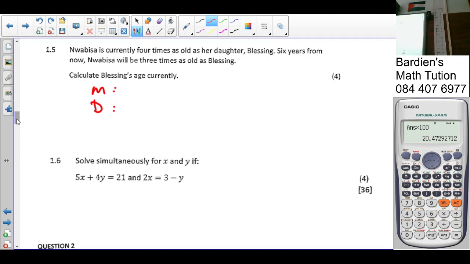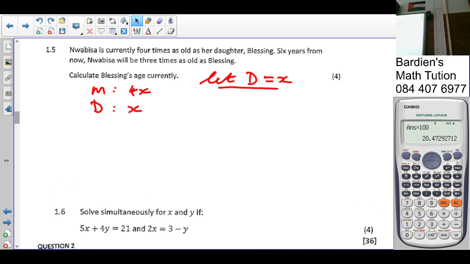So what we do is we make the smaller one x. So we say let the daughter equal x. How old is the mother? 4x currently. Not so? It is the present.